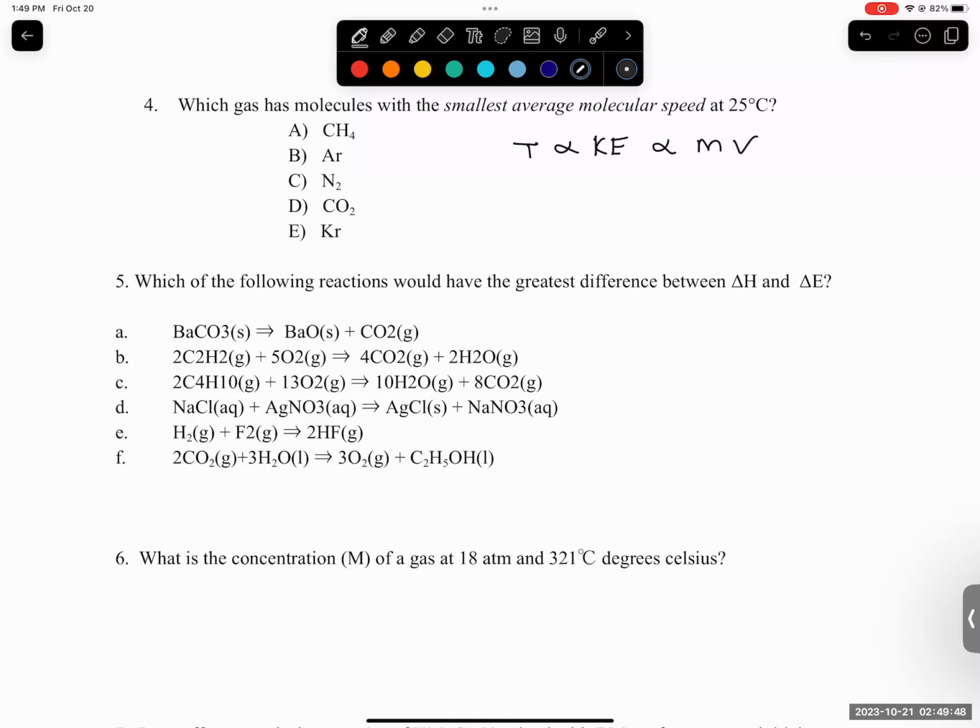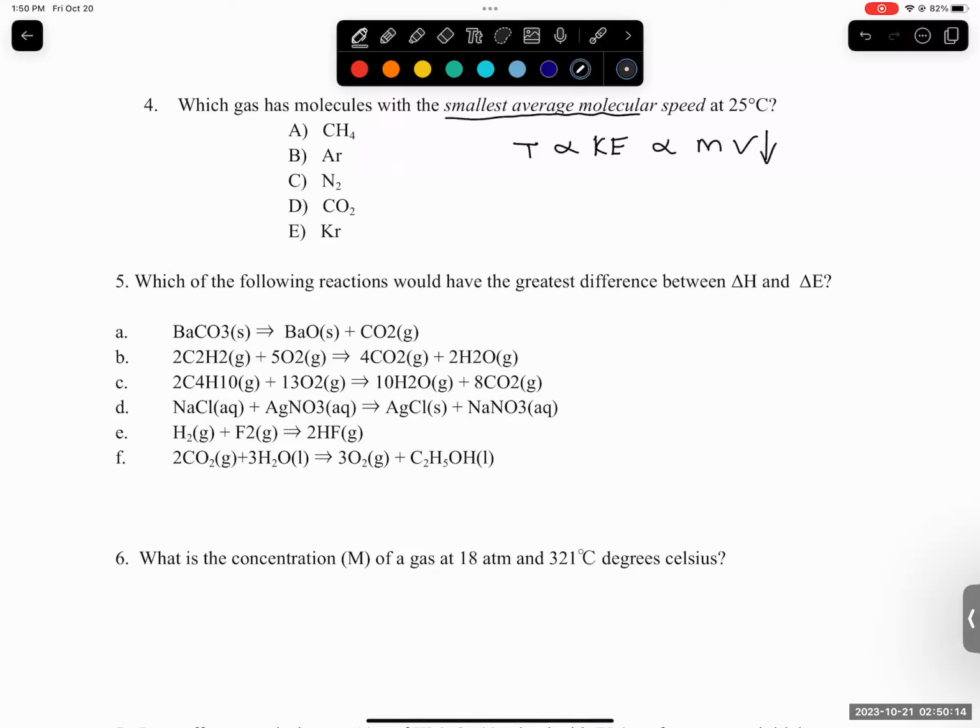So if they're all at the same temperature, that means they all are going to have approximately the same kinetic energy, right? So the only difference between them is going to be the mass and the velocity. If we're looking for the one with the smallest average molecular speed, that means we're looking for the one with the smallest velocity.